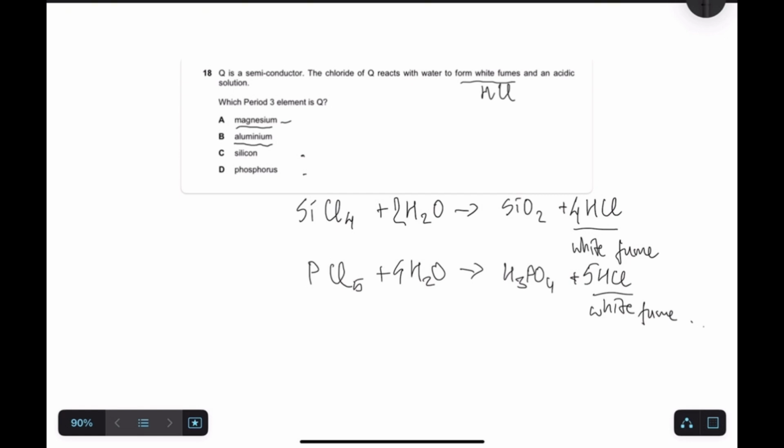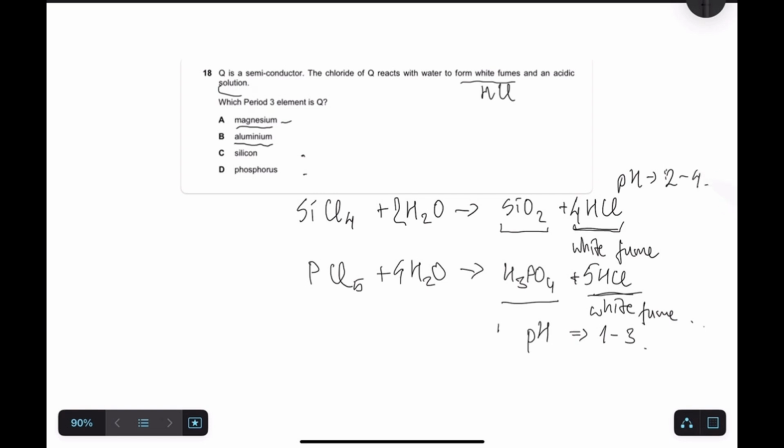But it says an acidic solution. It is acid and it's also acid, so the pH would be around 1 to 3. And for this, it is an acidic oxide and an acid, so the pH would be 2 to 4.